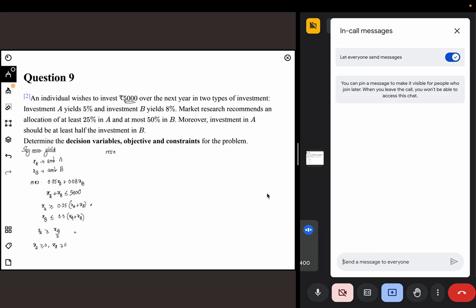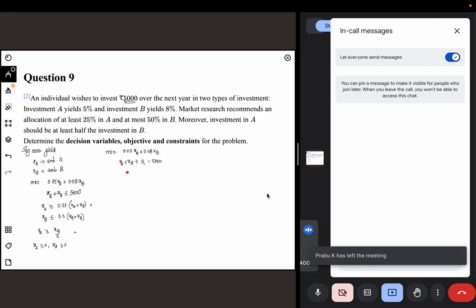So this will be converted into something like 0.05 XA plus 0.08 XP with the constraints XA plus XP plus, say, S1 equal to 5000. The next constraint is this will be 4XA.